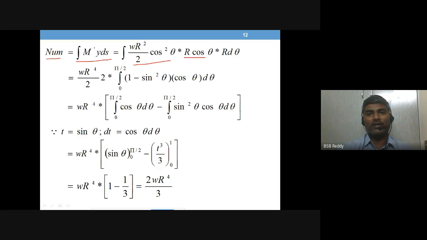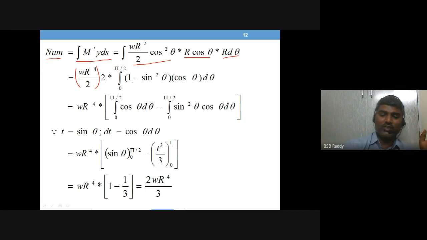What is y? R cos theta. What is ds? It is r into d theta. So now what you have, r square into r, r power 4, w divided by 2. This is the constant term which you will take out from the integration.